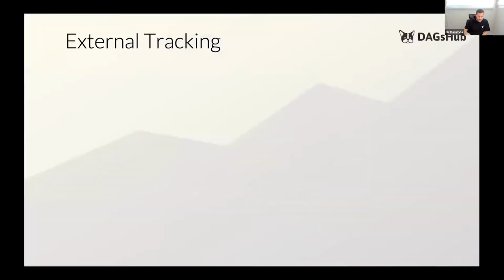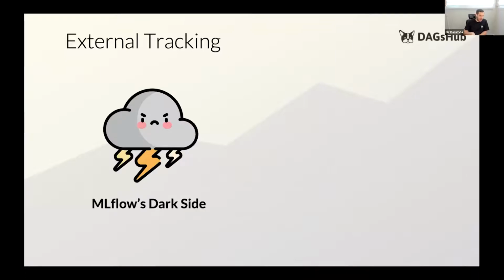However, if you are working in a team and you want to run your experiments on different machines, or you're working with a remote machine, you do want to use an external remote tracking server, right? And this is where MLflow is a bit tricky, because setting up that remote tracking server can be a bit of a hassle.